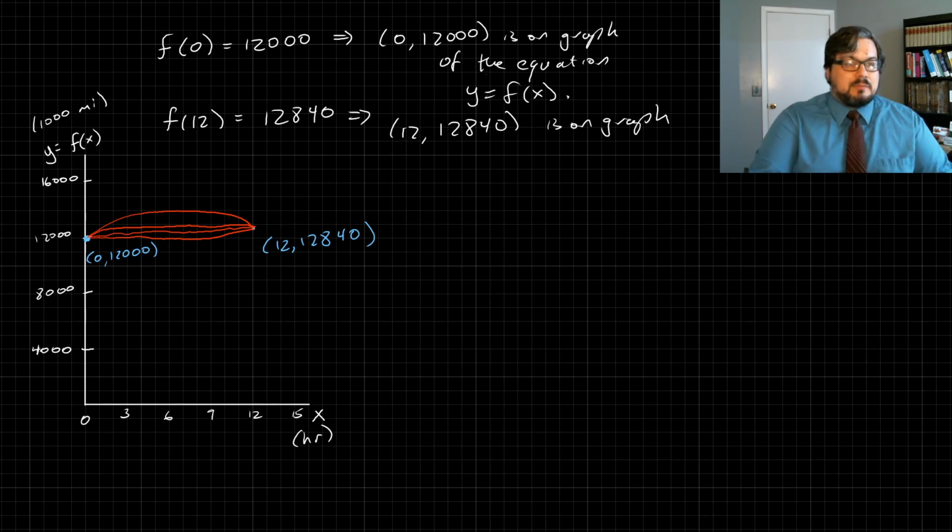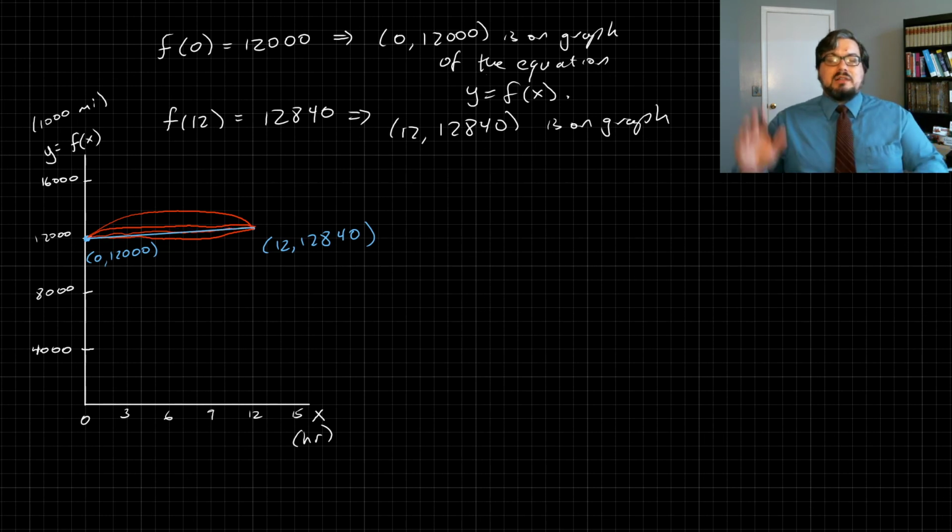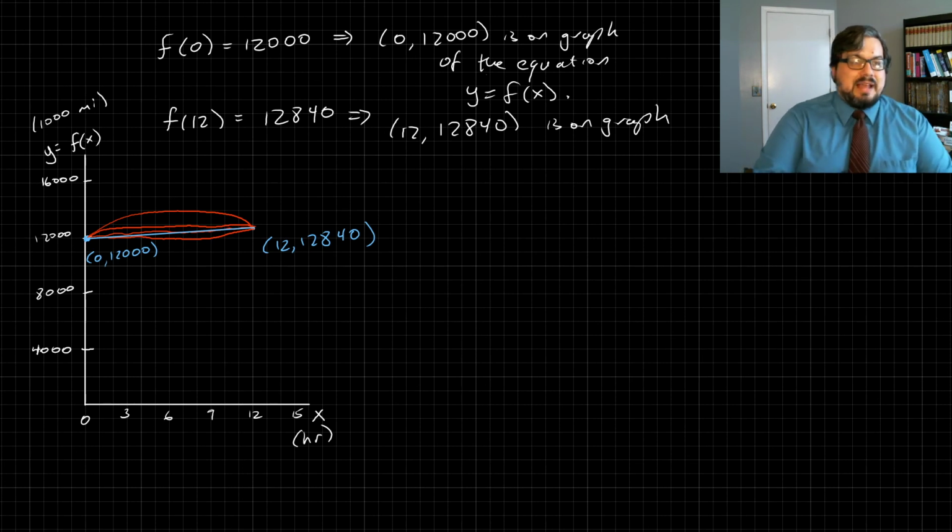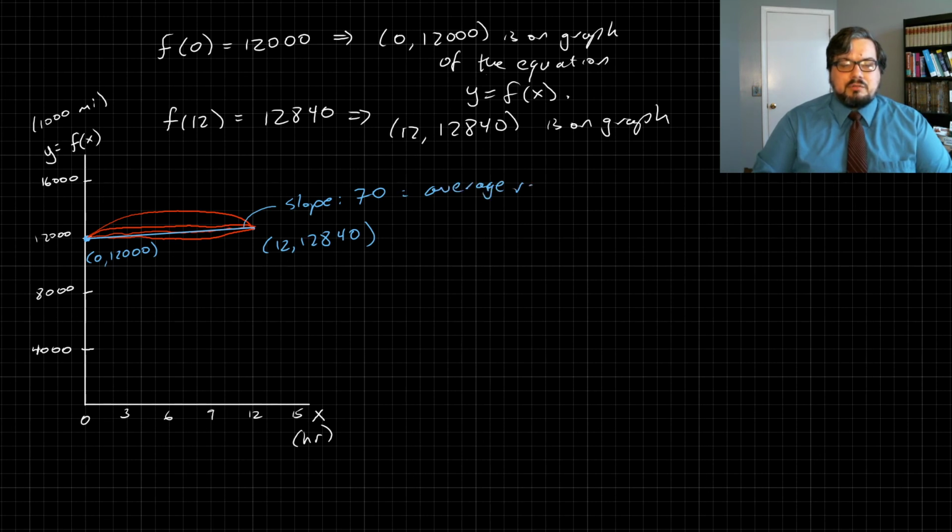However, if I just draw a line between my starting point and my ending point, the slope of this line is going to be 70, which is the average rate of change.